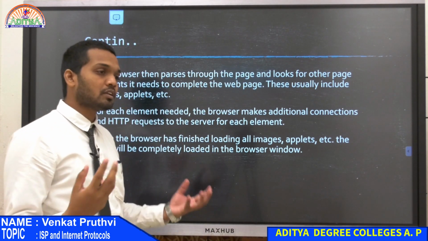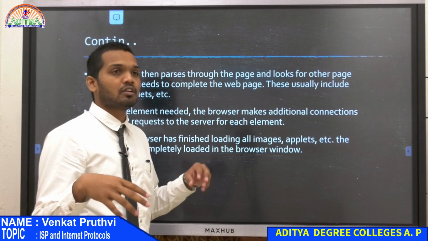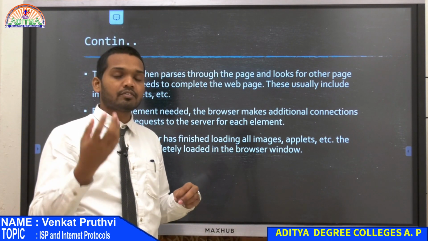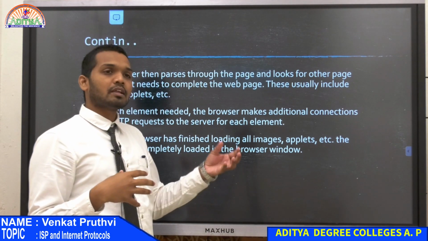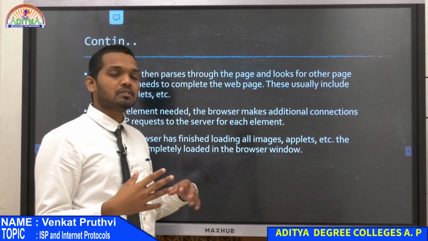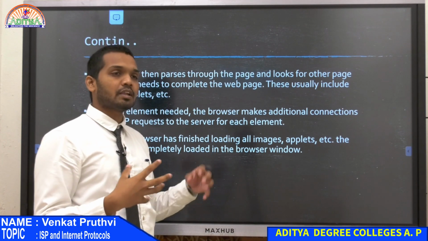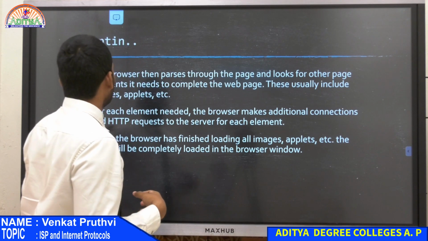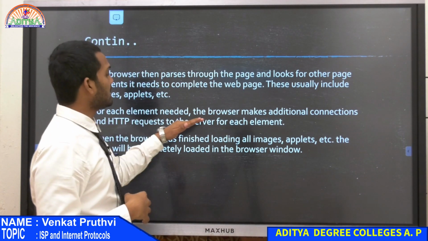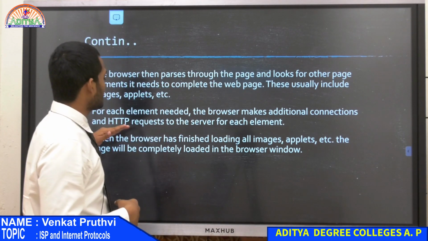We have so many other things that are loaded, or so many other functionalities that our web pages have. First of all, only the data that is required is received over the established connection, and then from that data it will start loading whatever it requires. For each element needed, the browser makes additional connections and HTTP requests.